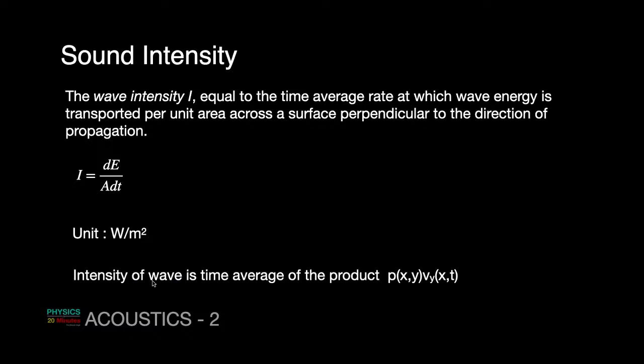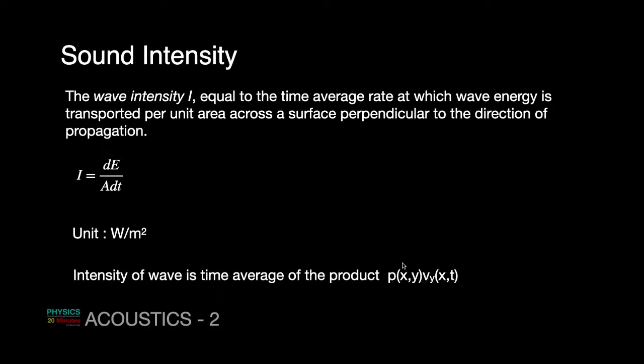Now, although this derivation is not the scope of revision, do remember that the intensity of the wave, especially the intensity of a longitudinal wave, is the time average of the product p into v_y. p is the pressure fluctuation while v is the particle velocity.